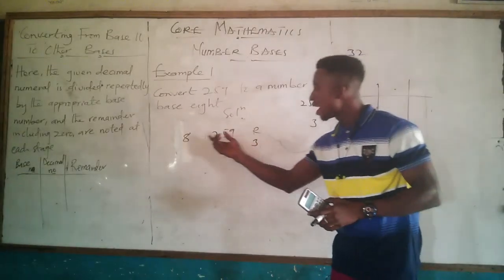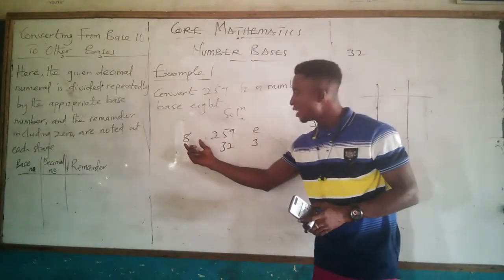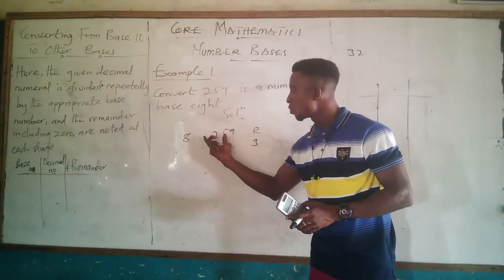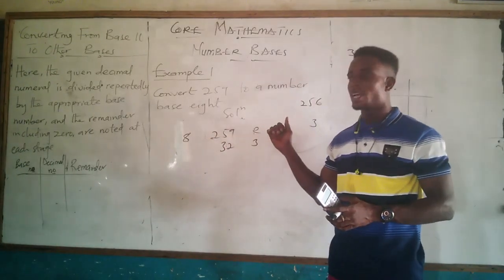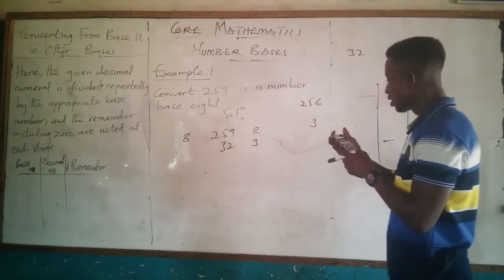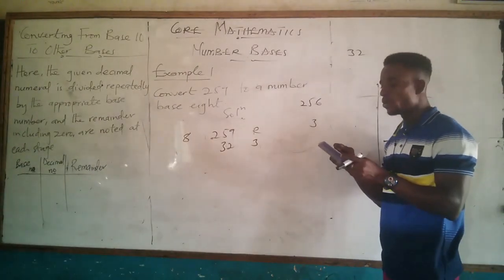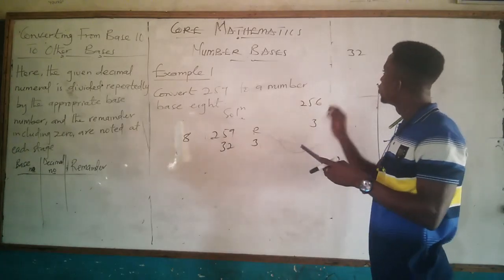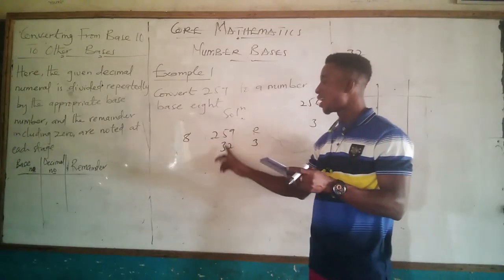So the person will divide this one by this one. Are we getting that? So after dividing this one by this one, we get something in decimal. So the person will take the whole number part because when I put this, it was 32.375. So you will take the whole number part, which is the 32. So meaning it goes into that.